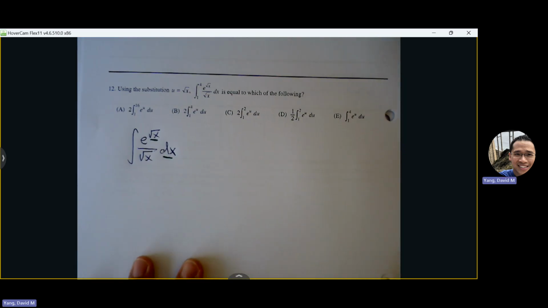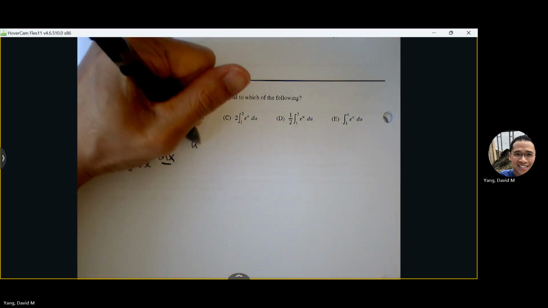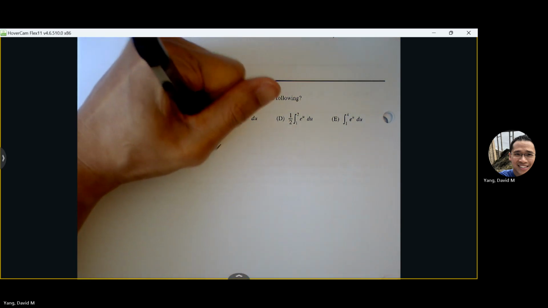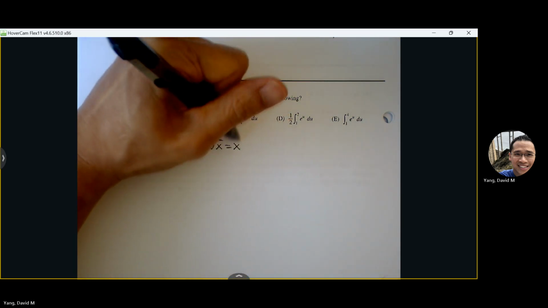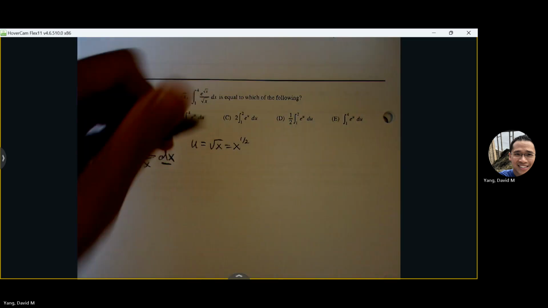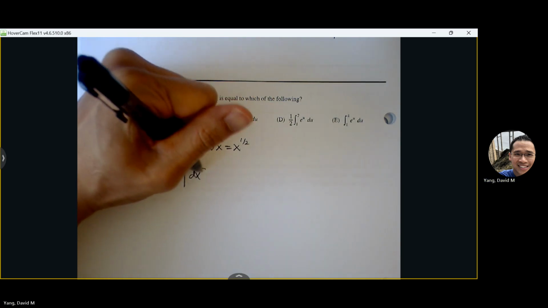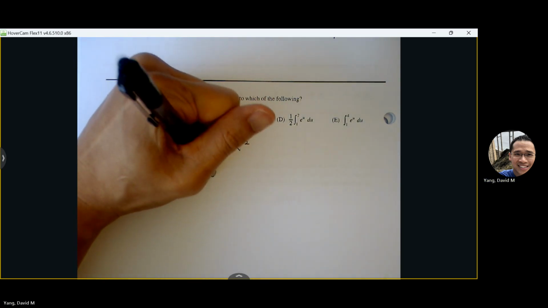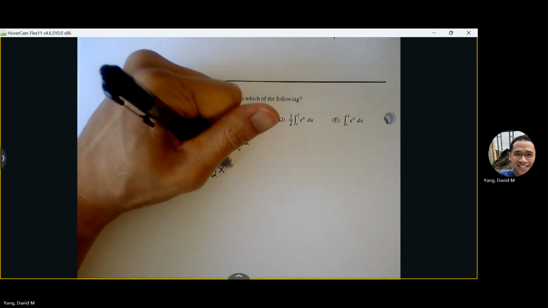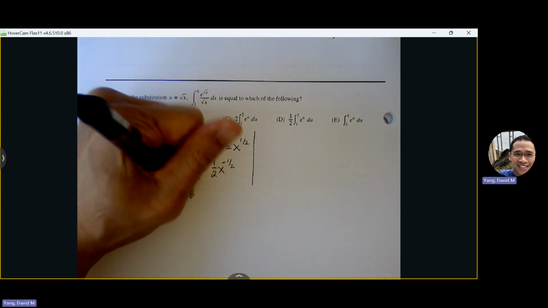So we'll just let the exponent be our u value. Go through power rule. Do some cleanup, cross multiply.